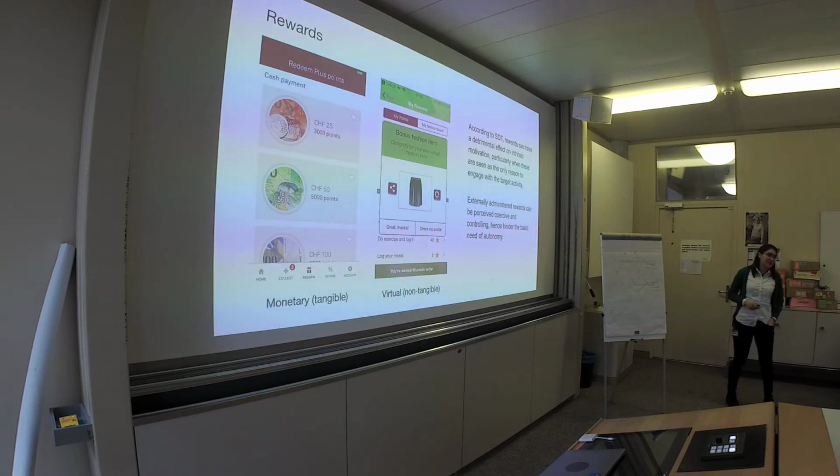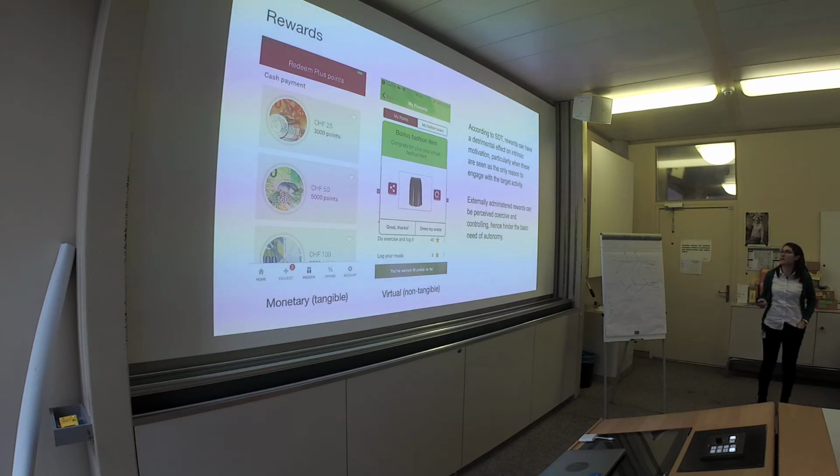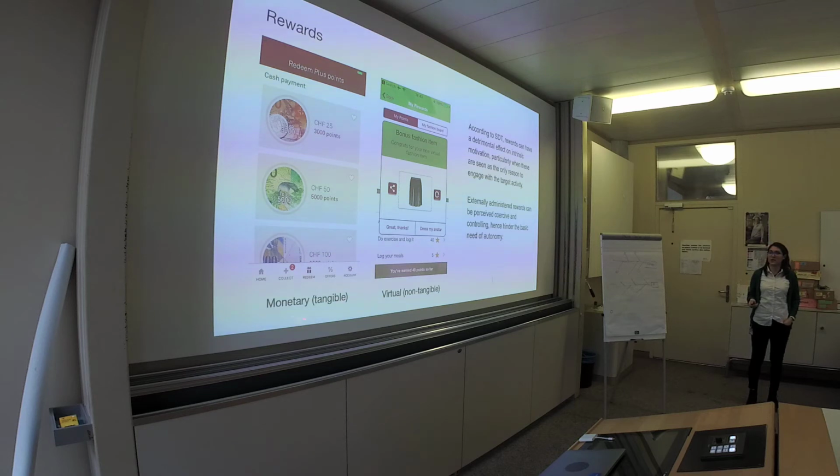Then we come to rewards. Again, this is what I was telling you at the beginning. So rewards can be in the shape of monetary or tangible. So in this case, this app gives people money by completing the activity. Or here, they receive tangible or virtual rewards that they can use inside the app.